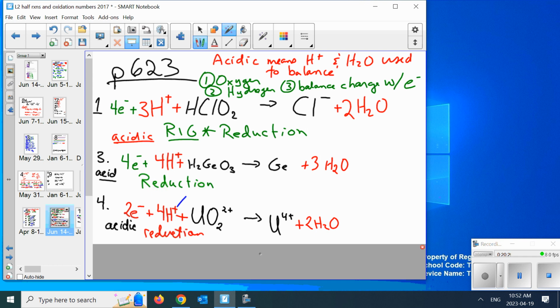So there's 4 positives here and 2 positives here. So 6 on the left. That's good. You're doing it. Equal charges. Left and the right are equal. It happens to be 0 a lot of times, but don't get that stuck in your head.